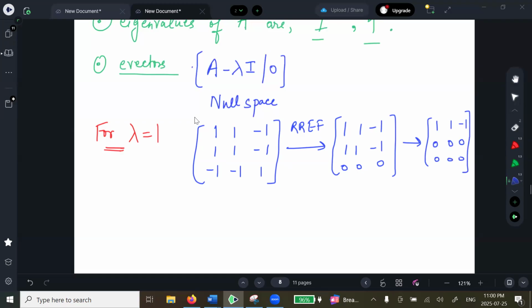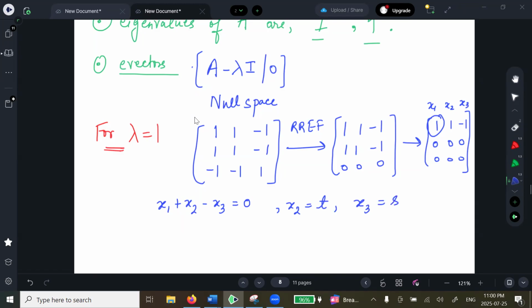Finding RREF should be straightforward. And when I do the null space, I see 2 zero rows. That means only one pivot, x1, x2, x3, x1 plus x2 negative x3 equals 0. Clearly, x2 is free.